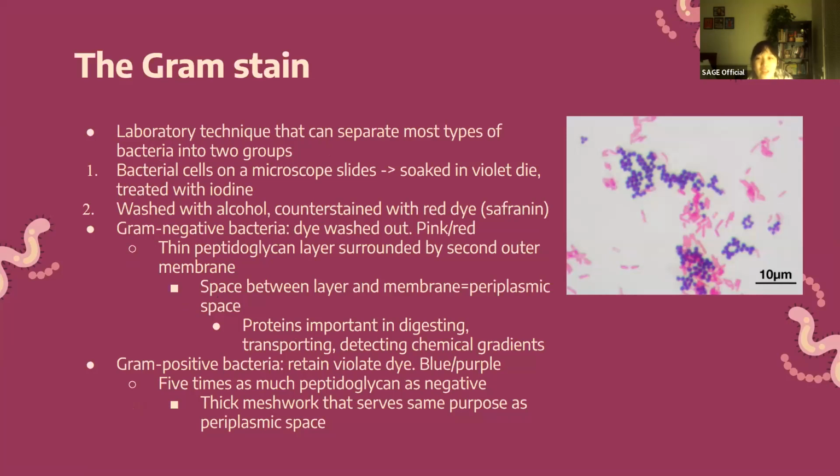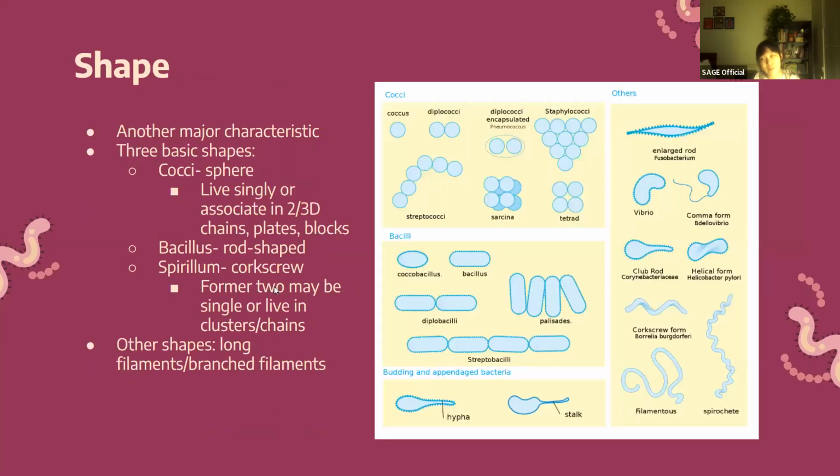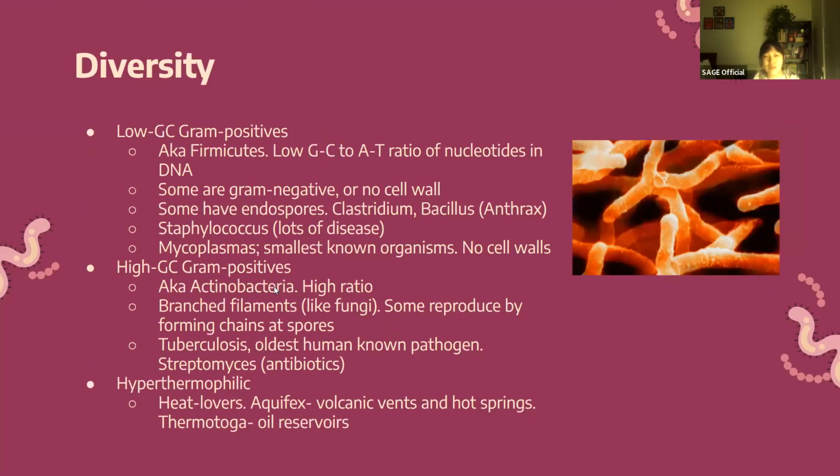And basically, if the bacteria are red, then that means they're gram negative. But if the bacteria end up being the same purple color as the first time you dyed it, then that means they're gram positive. And just basically know that gram negative bacteria don't have a lot of peptidoglycan, while gram positive bacteria do.